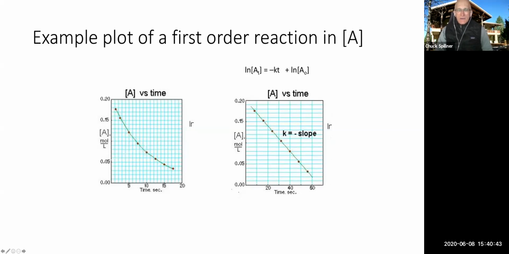And so the rate constant has to be minus that negative slope to come out positive. If we plotted this in an Excel spreadsheet, Excel would generate the equation for the line and tell you what the slope is. The units of k in this case are just seconds to the minus 1.